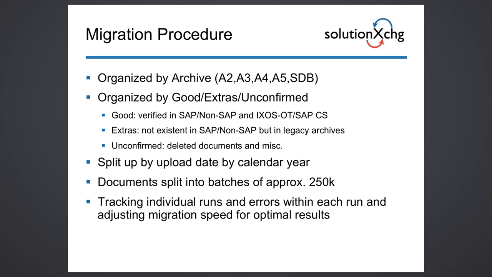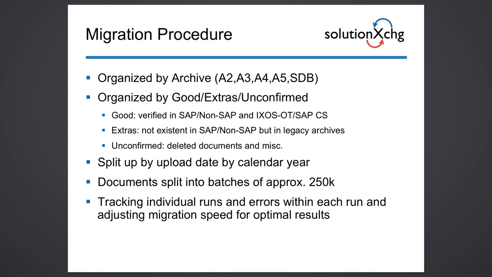Each of these migration servers actually runs with multiple instances, so it runs multiple processes in parallel to pull the documents. I/O, after all, is the bottleneck, is the throttle, and we try to max out I/O and document retrieval speed on the source archiving servers.